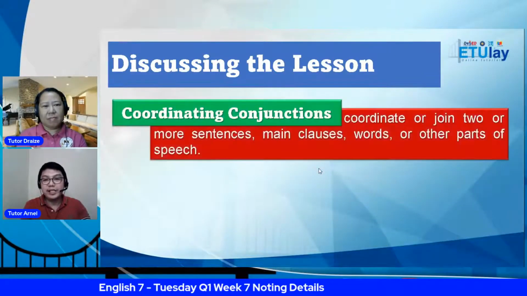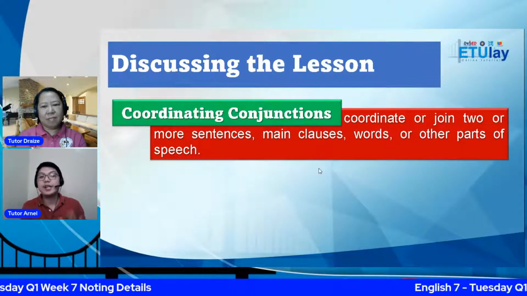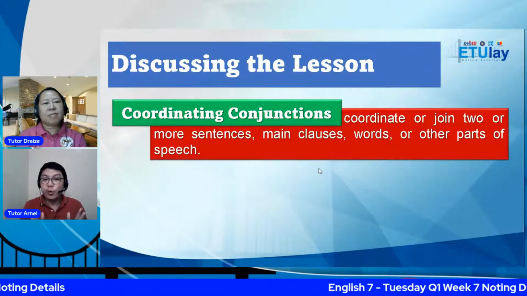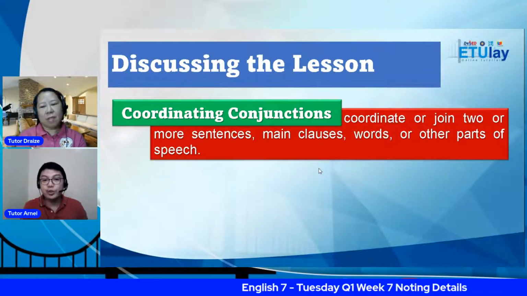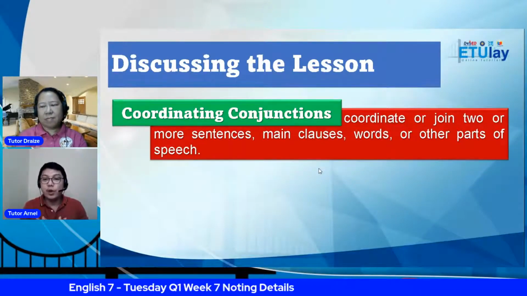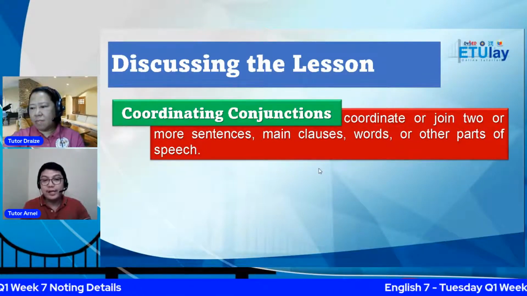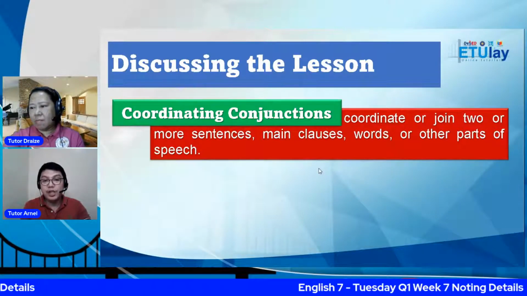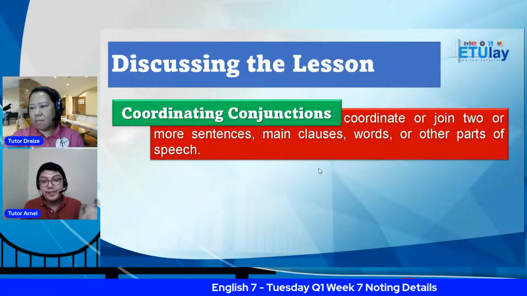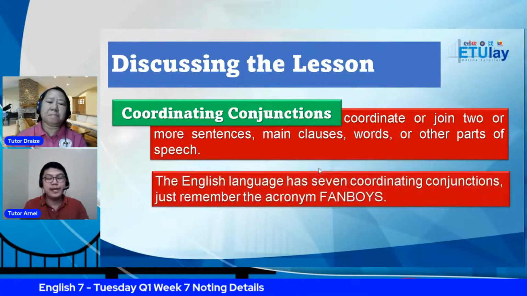So let's talk about the coordinating conjunctions. So what are coordinating conjunctions, class? Coordinating conjunctions coordinate or join two or more sentences, main clauses, words, or other parts of speech. But in this case, in our lesson, we are using coordinating conjunctions to combine two simple sentences or two independent clauses.